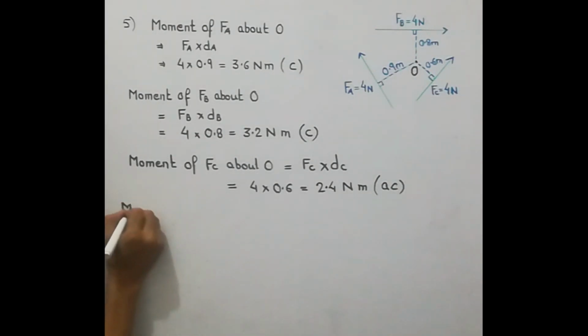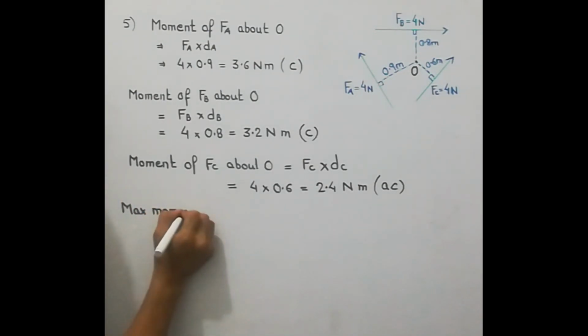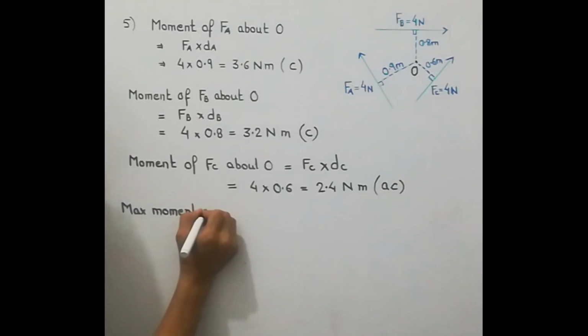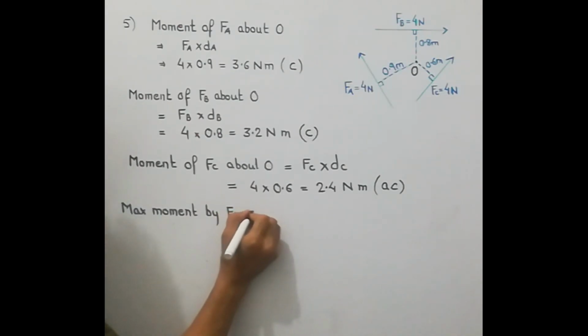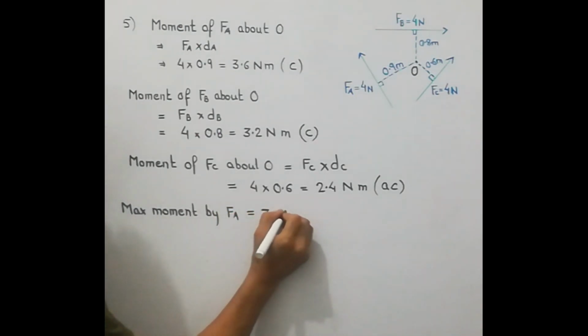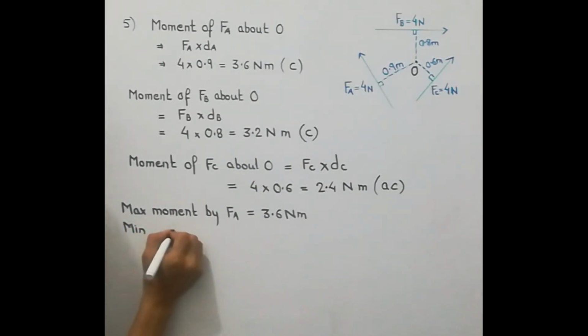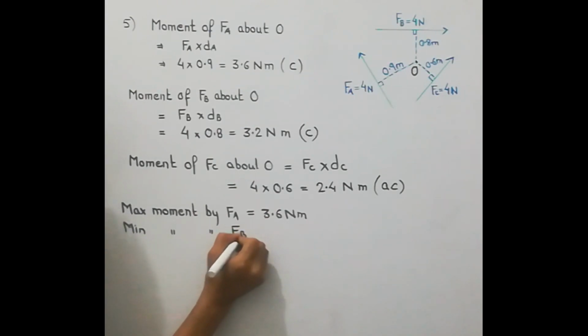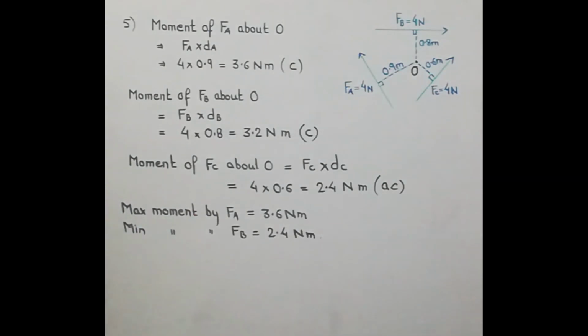So maximum moment by FA, that is 3.6 Newton meter. Minimum one, so we have now got which force is producing maximum and which one is producing minimum.